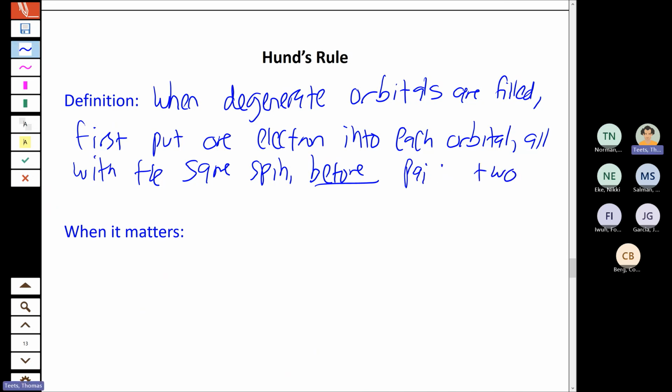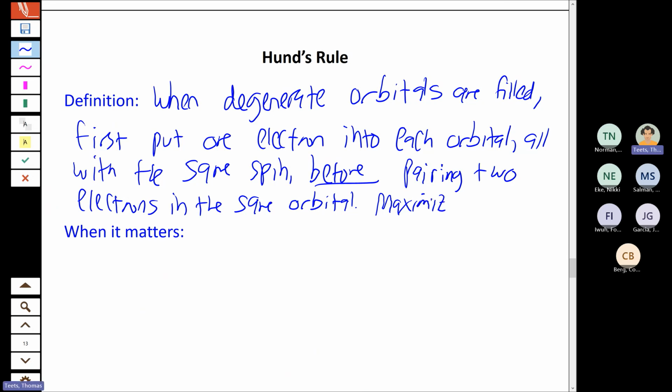Let me write that a little bit better. The whole idea here is you want to maximize the number of unpaired electrons, so you want the most unpaired electrons possible if your subshell is not completely filled.